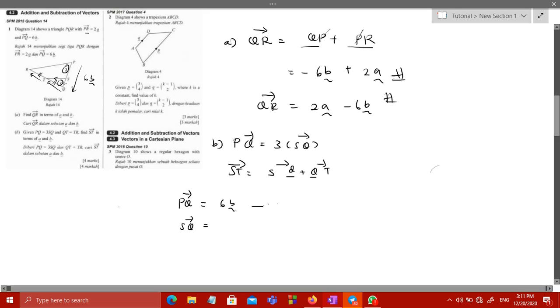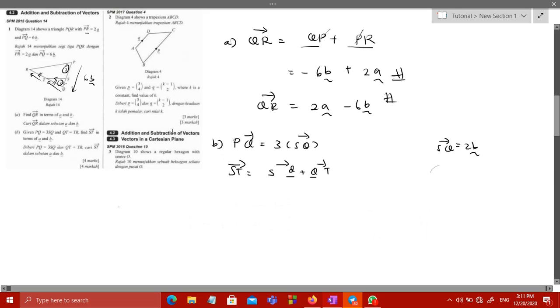So this is ratio 3. And how to find for the ratio 1? For the ratio 1, you divide by 3 simply. So this is 2b. So we put it here, SQ equal to 2b, 2 vector b, like that.